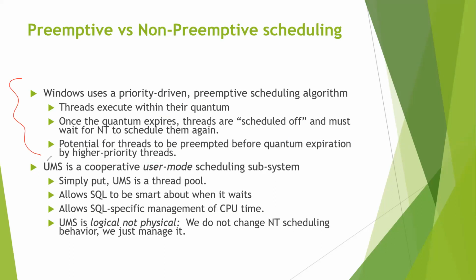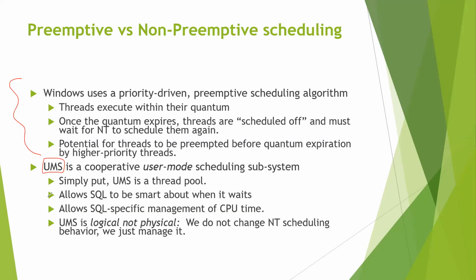What we can control, we can control from our SQL Server side. That is where we have a wrapper called UMS, the user mode scheduler. It is just a wrapper on top of your Windows operating system, called the SQL operating system.